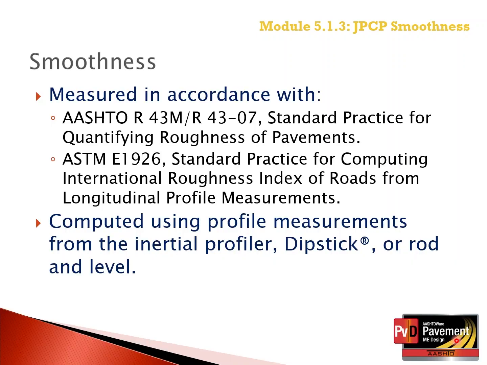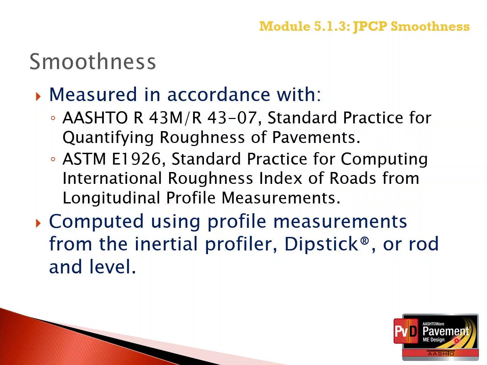Smoothness is measured in accordance with AASHTO R43M and AASHTO R43-07, which is the standard practice for quantifying roughness of pavements. It can also be measured in accordance with ASTM E1926, which is the standard practice for computing the International Roughness Index of roads from longitudinal profile measurements.